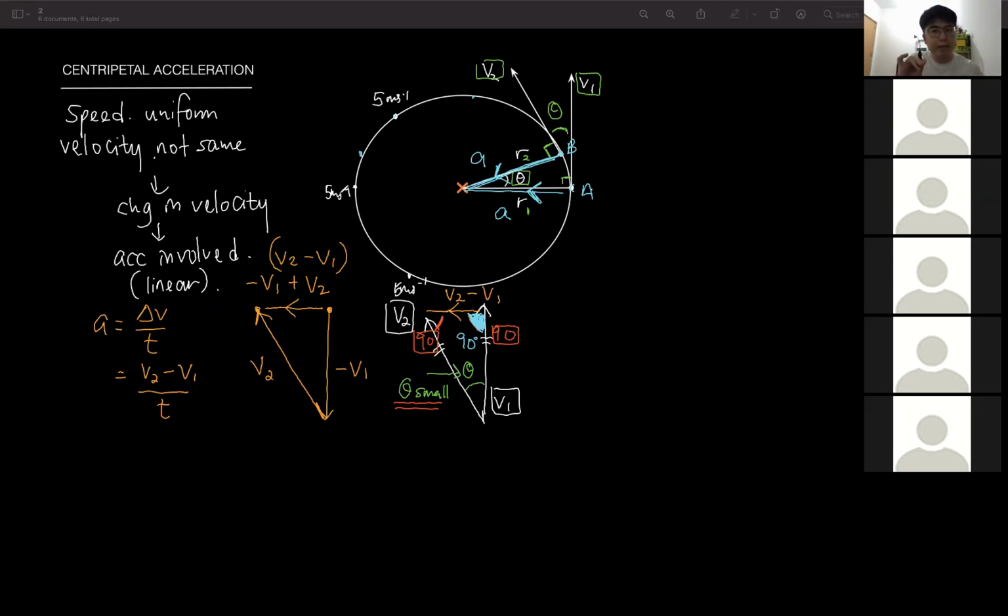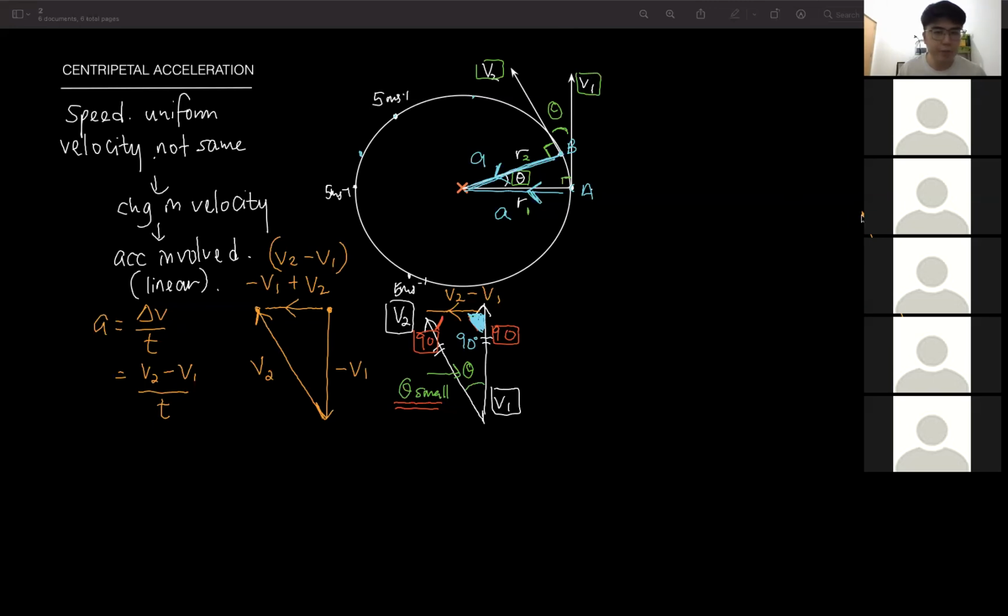Without this centripetal acceleration, the object will not go in a circle. How will it move if suddenly the centripetal acceleration disappears? You see, here we start by drawing this one. Initially, the object moves like this. So this is the velocity vector.